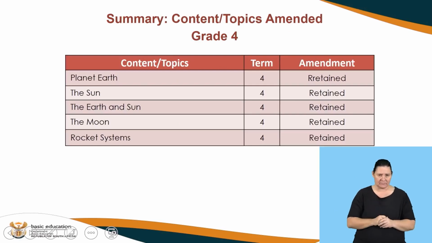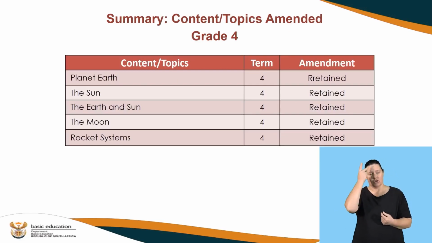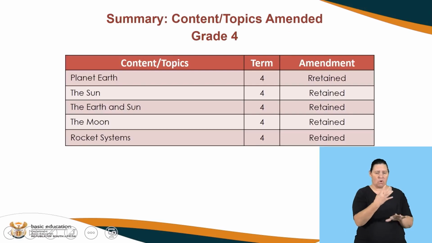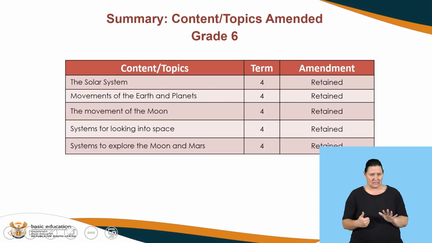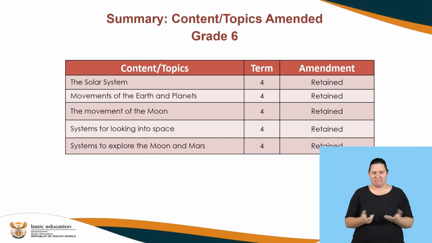So what we've done in this knowledge strand is that we retained everything in grade 4, just as it is. And we retained everything in grade 5. So everything is just as it is. And everything in grade 6. So nothing has been really done here. Everything has been retained as it is.